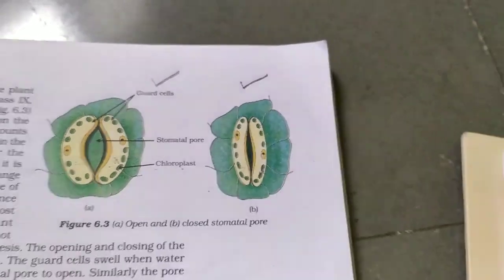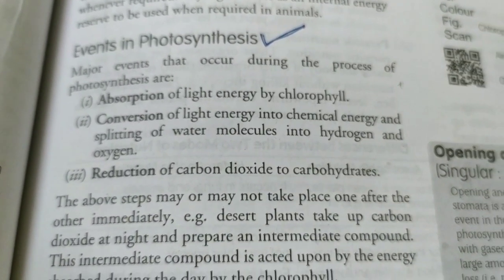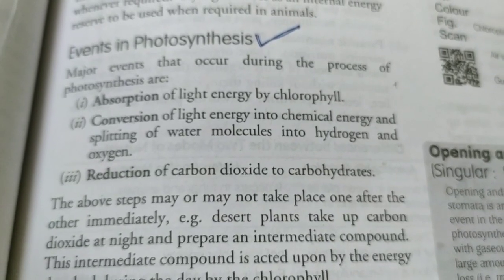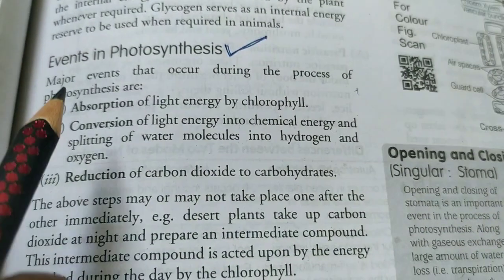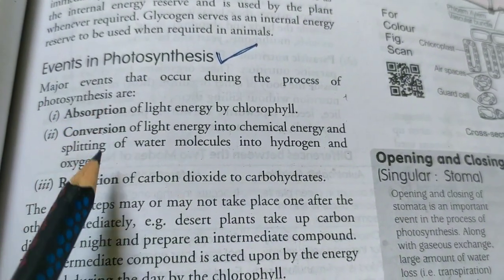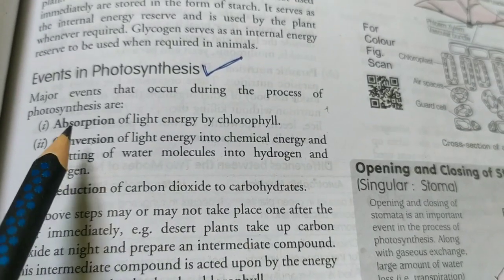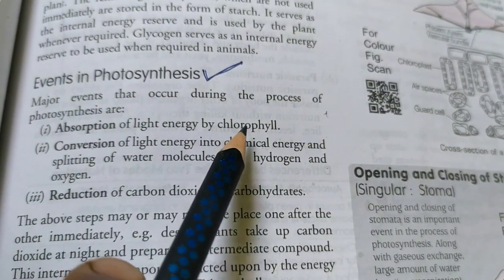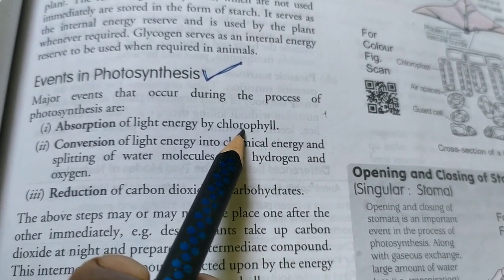Is it clear? Now let us learn what the important events are that take place during the process of photosynthesis. There are three events which take place during photosynthesis. They are absorption, conversion and reduction. Absorption of light energy by the chlorophyll takes place during photosynthesis.